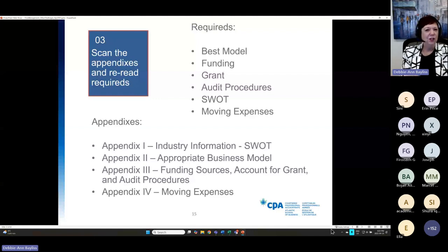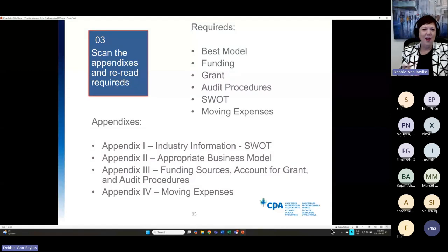The appendices, just flipping through them. First one, industry information. I'm like, oh, that's going to be full of information for my SWOT. Second one is all about the appropriate business model. Third one, it's going to outline all the funding sources and about the grant and the audit procedures. And then the last one's about moving expenses.